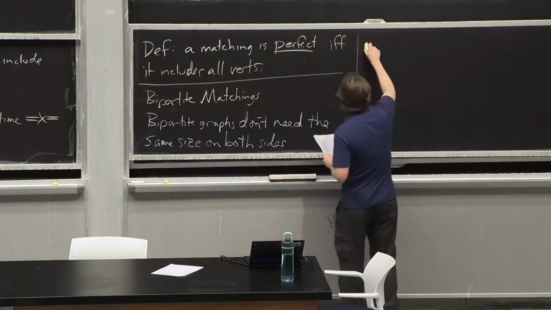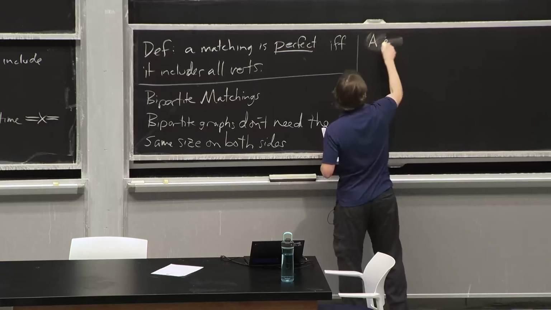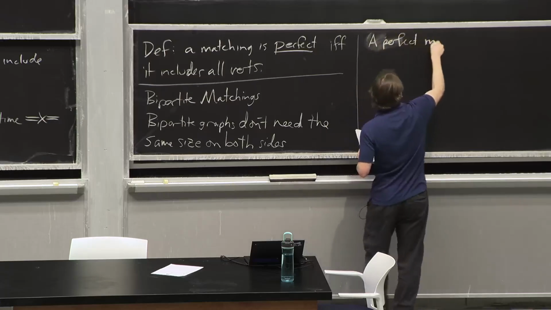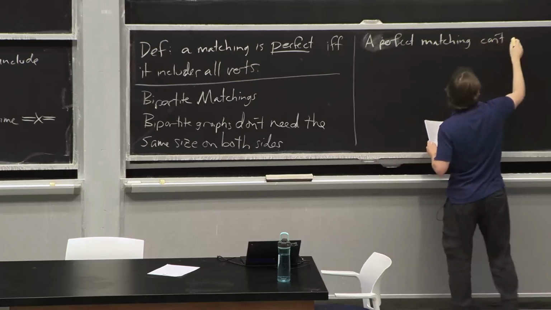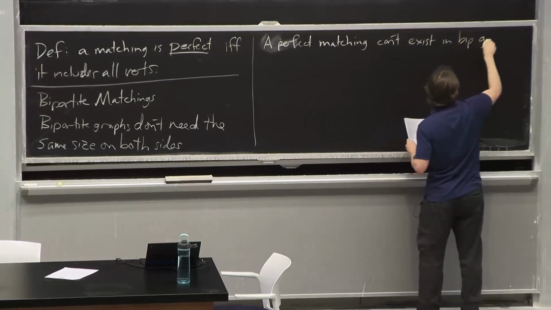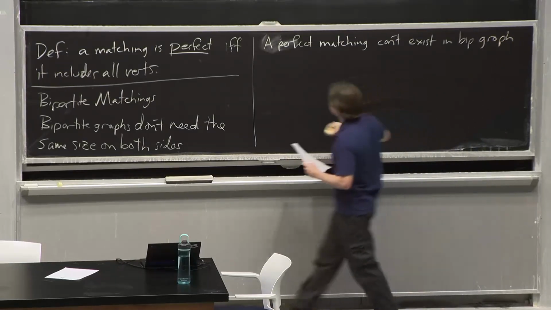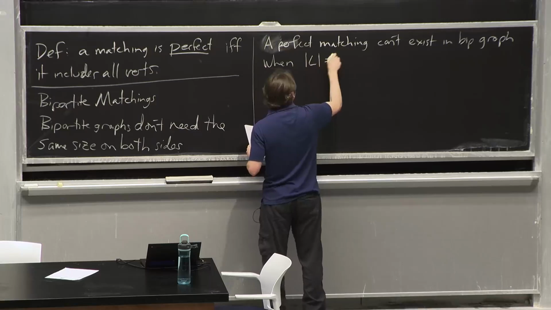However, a perfect matching can't possibly exist in a bipartite graph when the two sides have different sizes.